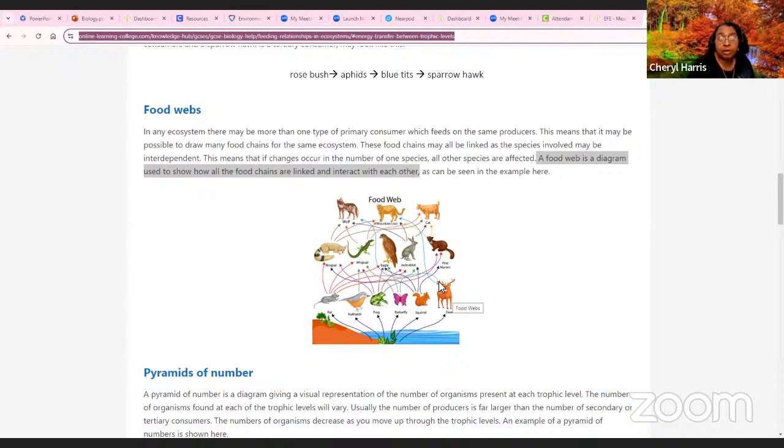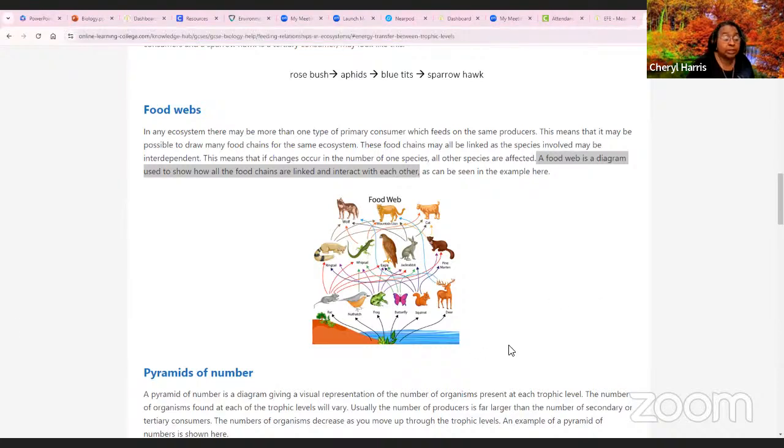And one of them goes to the wolf. Now, if we're doing a food chain, we wouldn't include both of them, okay? We would just do one. There's no arrow saying that the wolf is going to eat the mountain lion. So your food chain would actually just go plant, deer, mountain lion, or plant, deer, wolf, okay? That would be that one.